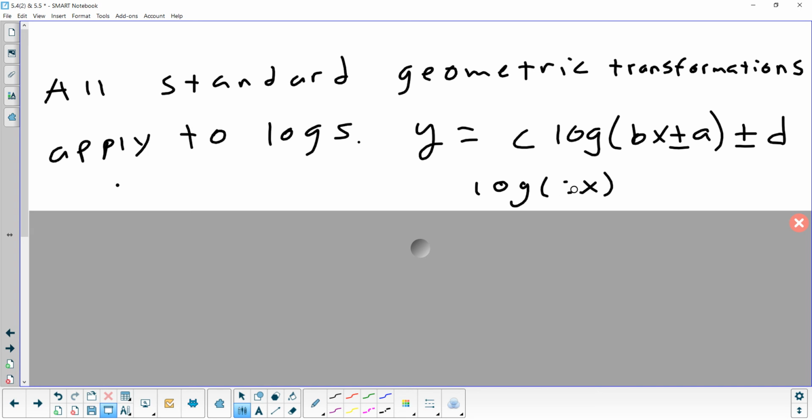If you had something like log 1/4 x, that's a small number. That's actually going to stretch it bigger. It's the opposite. So I would say that's a horizontal stretch by a factor of 4. Okay. All right, questions on the transformations?